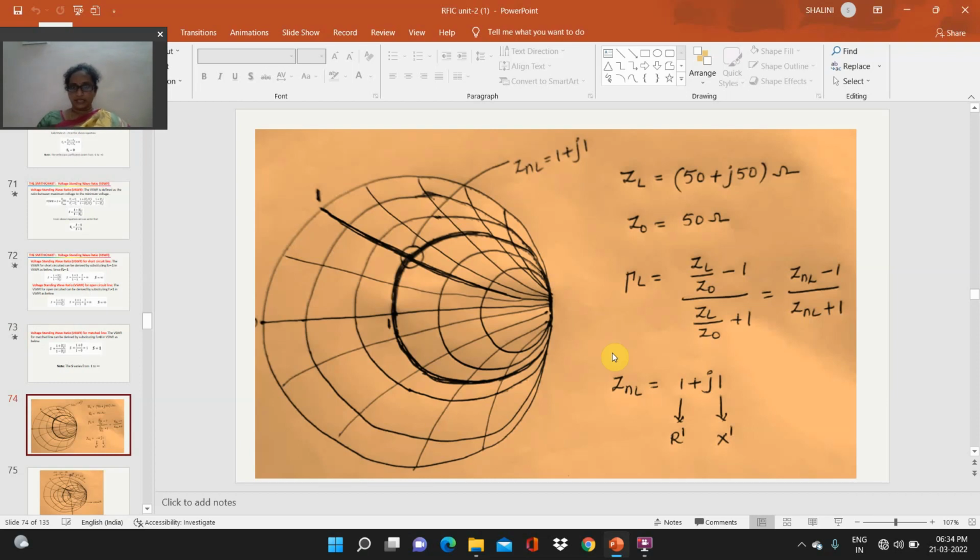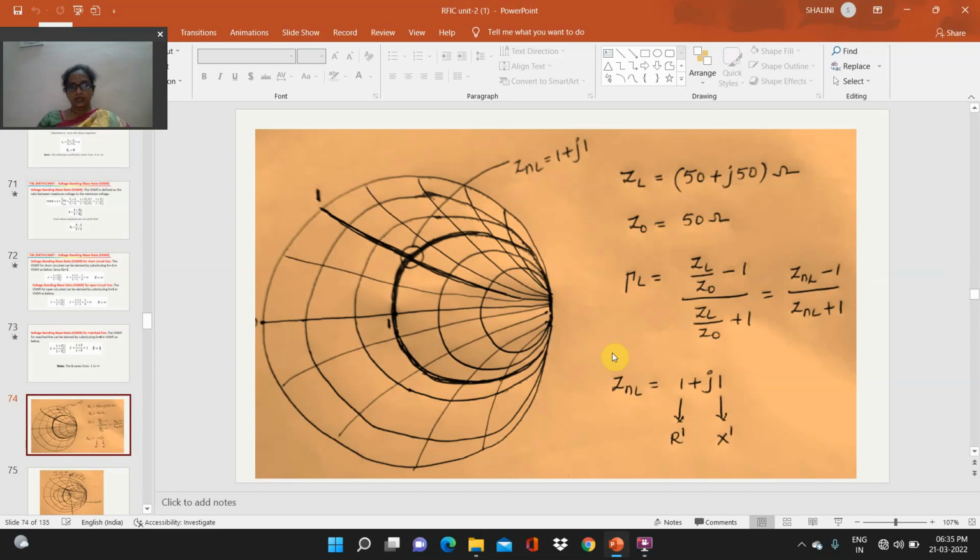Next, ZL is equal to 50 plus j50 ohms, and Z0 is equal to 50 ohms. Gamma L is equal to (ZNL minus 1) by (ZNL plus 1). Here ZNL is equal to 1 plus j1, that is R dash and X dash.